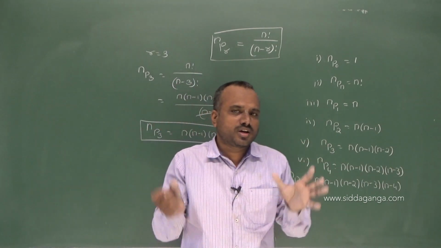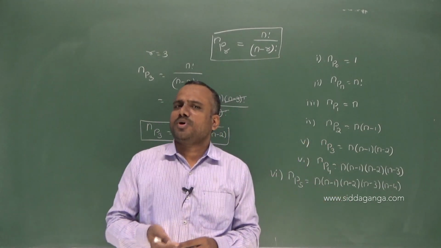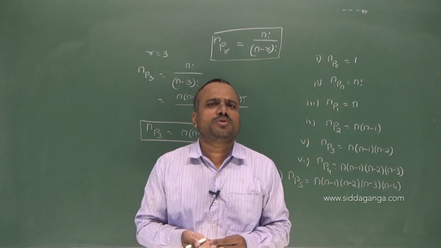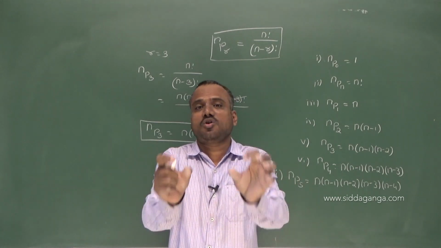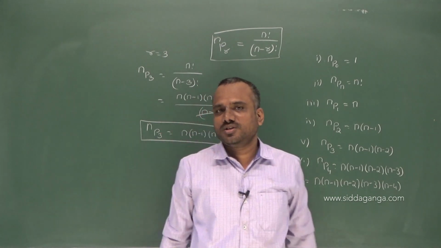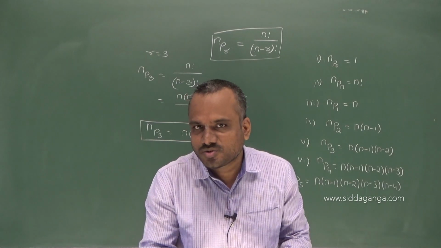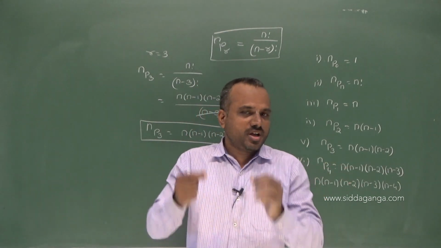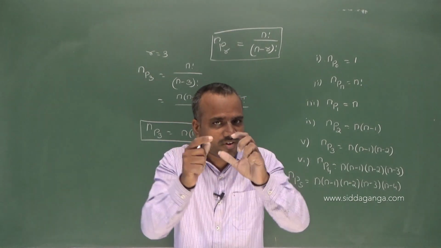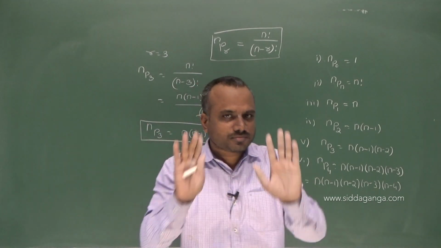These are all the concepts of permutation. Once again I explain. If anybody asks what is permutation? Permutation means arrangement of elements in a definite order. Definite order means taken some at a time or all at a time. In that arrangement, we divide into two parts: distinct objects and similar objects.